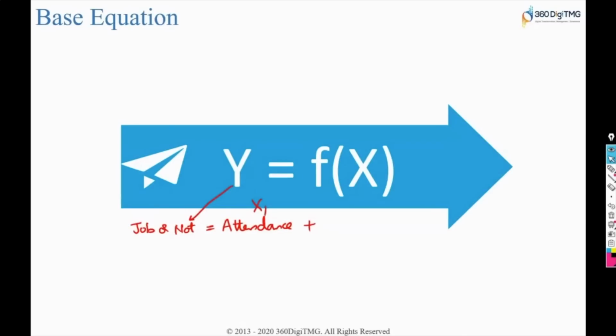So it depends on one input. Another input would be assignments. How many assignments did you submit? It depends on that. Third, it depends on whether you are working on the live projects or not. You need to practice.